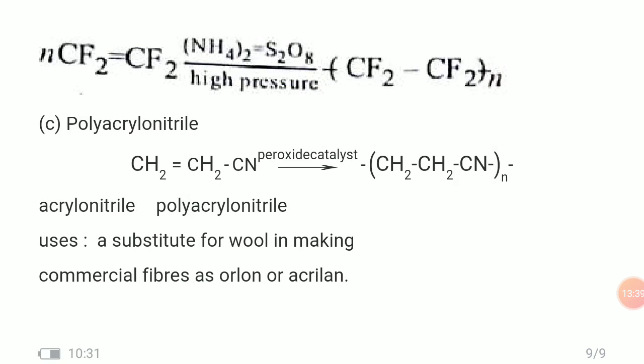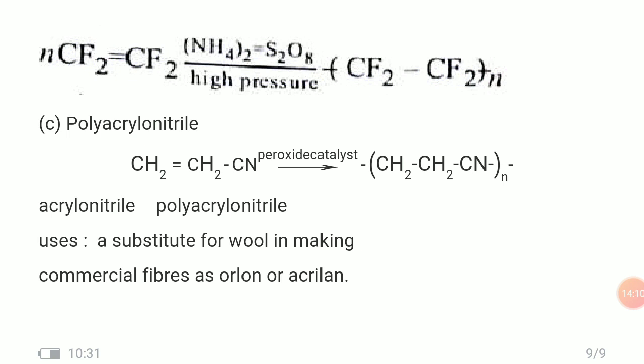Then polyacrylonitrile. The structure of acrylonitrile is CH2=CHCN. When n number of acrylonitrile molecules react with a peroxide catalyst, we get polyacrylonitrile.